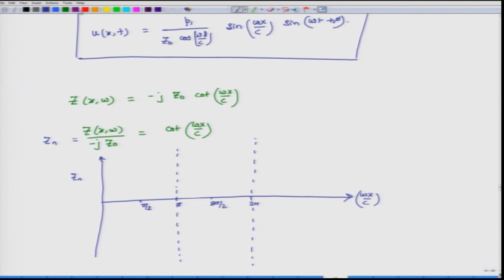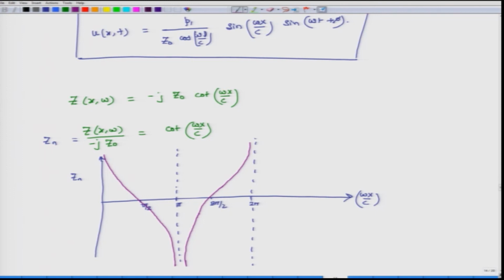So my function will look something like this, and this pattern is going to repeat over a period of pi.